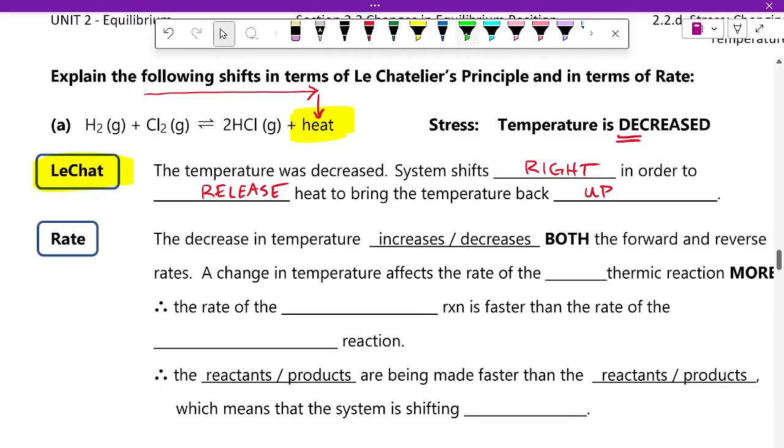Now, in terms of rates, a decrease in temperature does what to both rates? It decreases both rates, but a change in temperature affects the rate of which reaction? Endothermic.